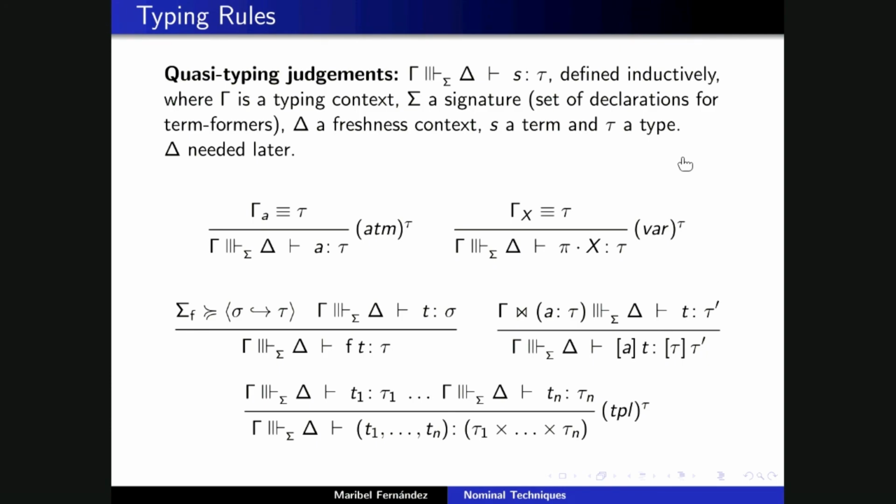Remember that a variable in the nominal syntax is just representing an unknown part of the term. So when we type a term that has a variable, we don't know what the substitution for this variable will be. So we will need to make sure that our type system works no matter what comes for this variable. So these are the tricky things that we are going to discuss tomorrow.